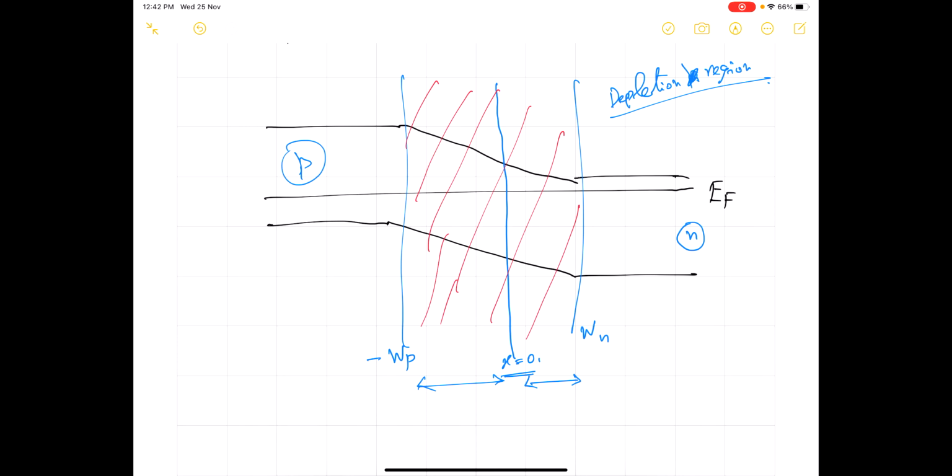Then the areal charge density in one region has to neutralize the other, otherwise how can you get the equilibrium condition?